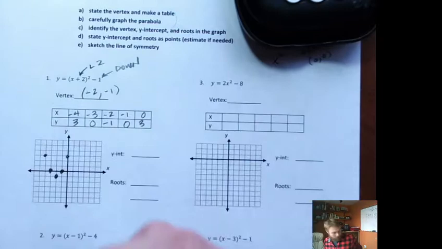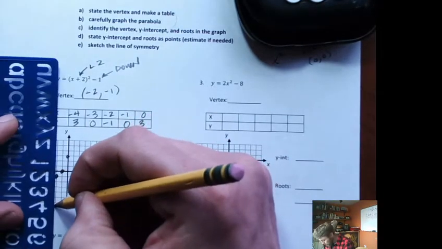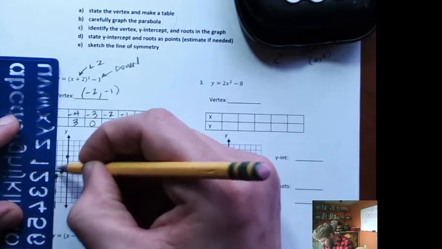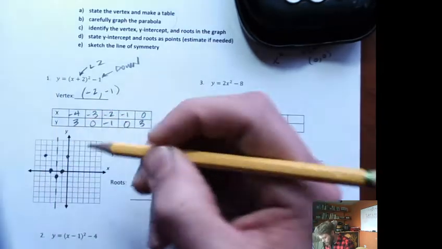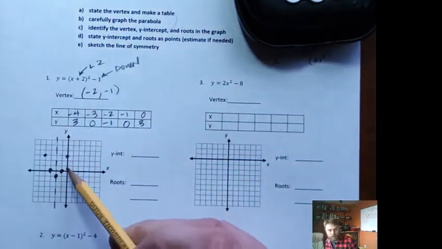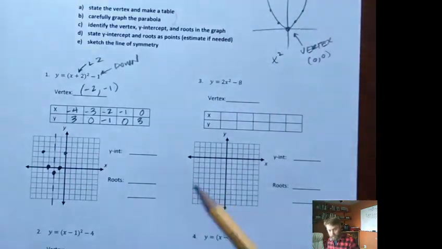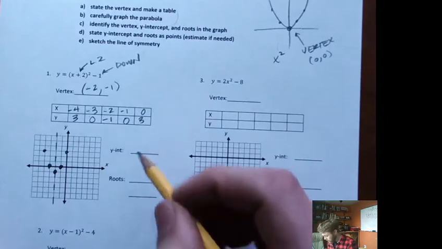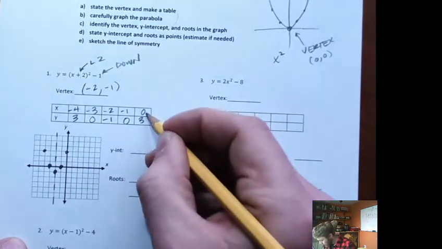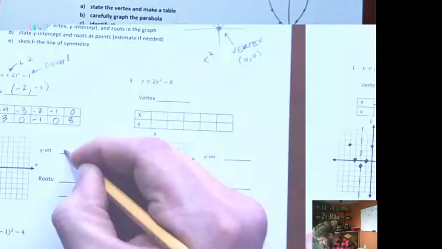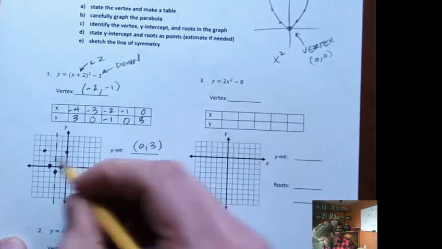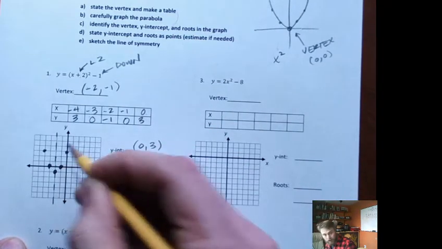So if you were to imagine an imaginary line here in the center, this is the line of symmetry. And everything matches up across that line. So the y-intercept is when x is 0. 0, 3, that's this point right here, that's the y-intercept.